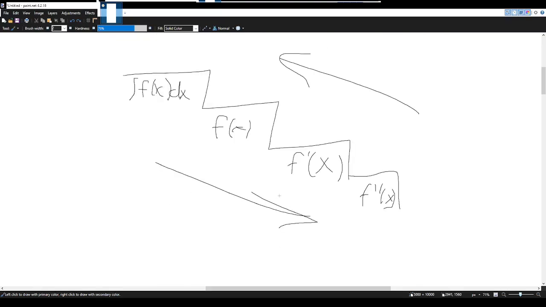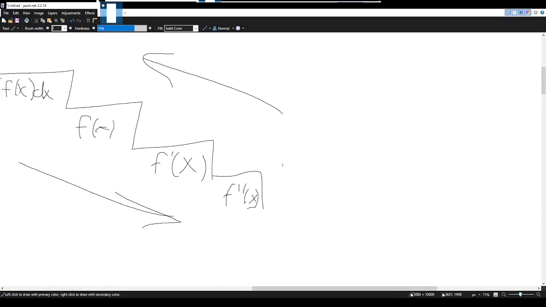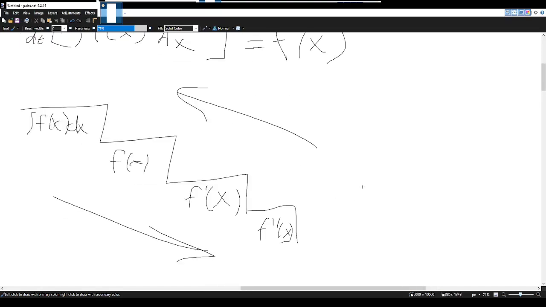So what does that mean? It means that if I'm given some sort of function, and we ask what's the area from 0 to whatever this is, let's say we find this area and it is 5.